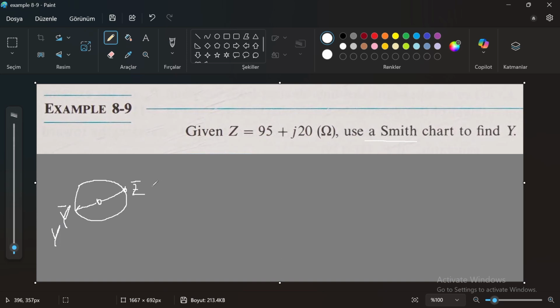So, first of all, what is our Z normalized? We just need to divide these values by R0. But in the example, it is not given. If it is not given, we take it as 50 ohm.